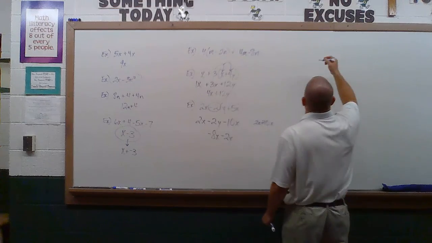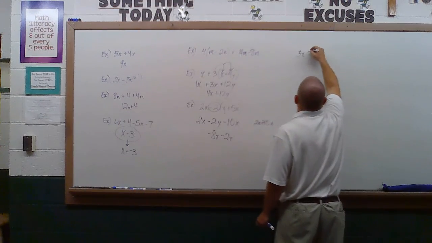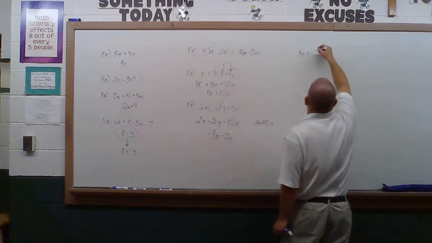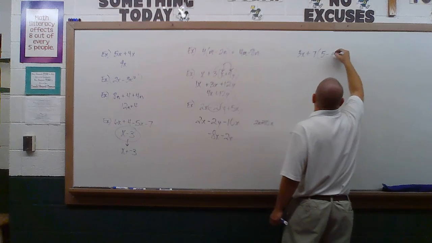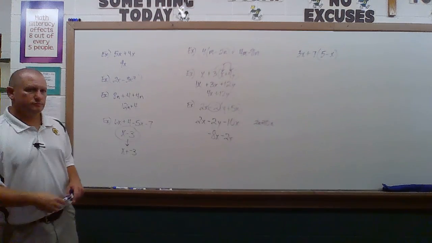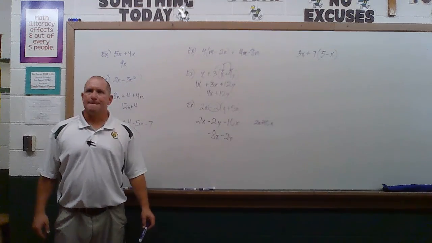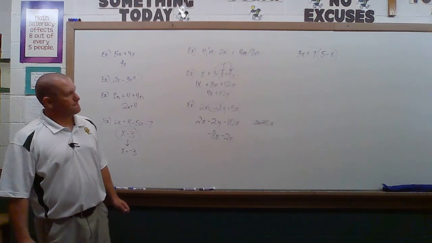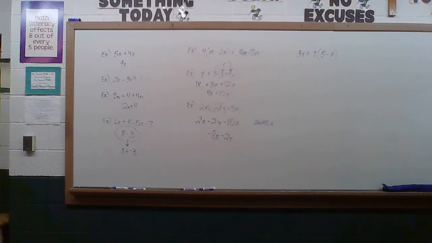Let's try one more. 3x plus 7 parentheses 5 minus x. Try it out. So again, every single time I have to get rid of my parentheses first.